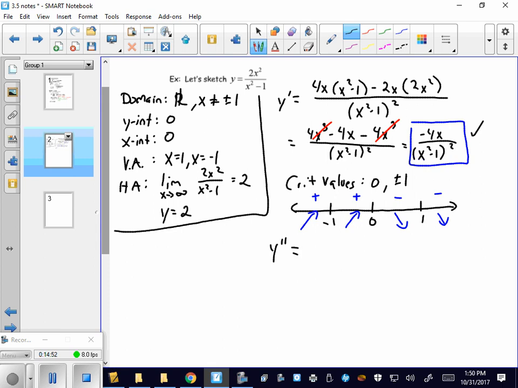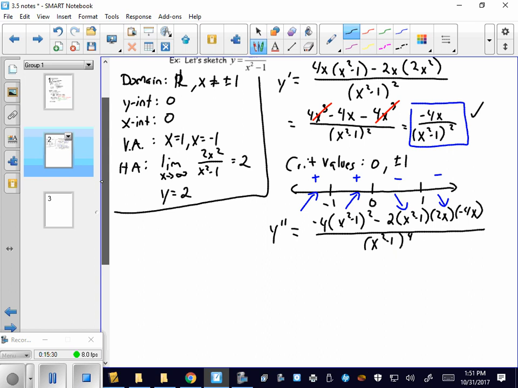Let's see, the derivative of the top, negative 4, times the bottom, (x squared minus 1) squared, minus the derivative of the bottom, which is now a chain rule: 2(x squared minus 1) times the derivative of the inside, which is 2x, times the top, which is negative 4x, all over the denominator, ((x squared minus 1) squared) squared, which means to the fourth. Definitely want to clean that up.